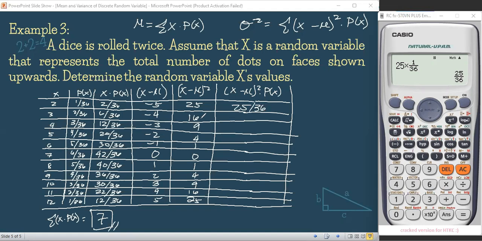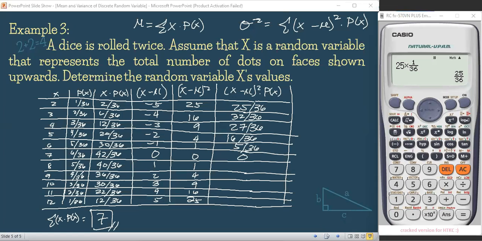So 16 times 2, that is 32 over 36. So 9 po times 3, that is 27 over 36. 4 times 4, that is 16 over 36. 1 times 5, that is 5 over 36. 0 times 6 over 36, that is 0.